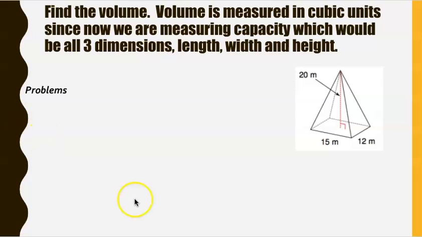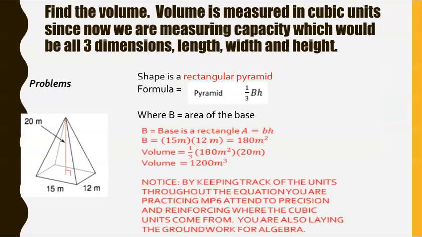So we need to find the area of this base, multiply it by the height, and then multiply it by 1/3. Try that and check your answer. All right, so there's the formula we talked about, 1/3 capital B times H, where capital B is the area of the base.